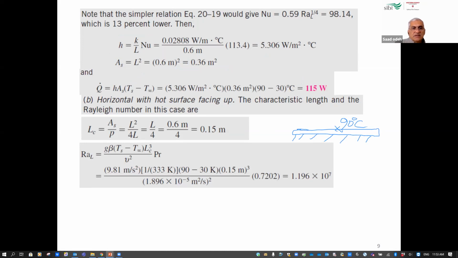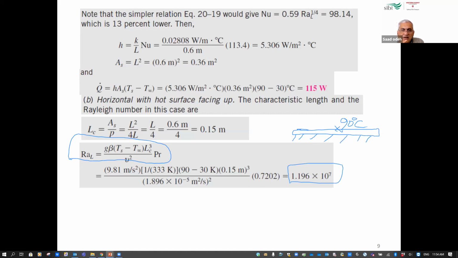In this case, we do the same thing. We need to find the Rayleigh number, so we follow the same equation that we did before. And we found that the Rayleigh number is 1.196 times 10 to the power 7. Again, if I go to the tables, I'll find this in the range of the first formula.